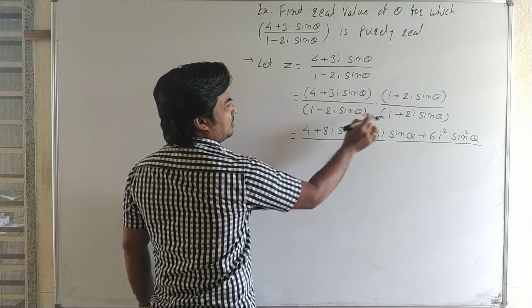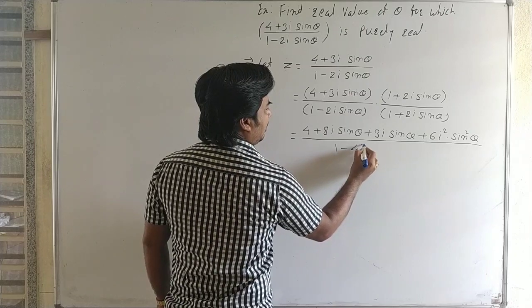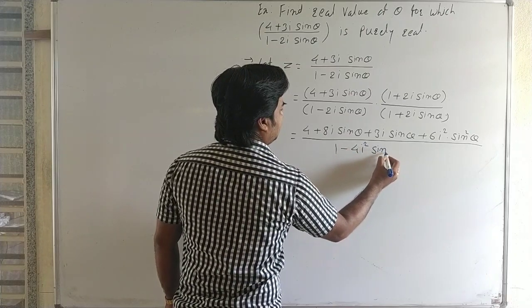Here of the form a minus b, a plus b, we can directly write 1 minus 4i square sin square theta.